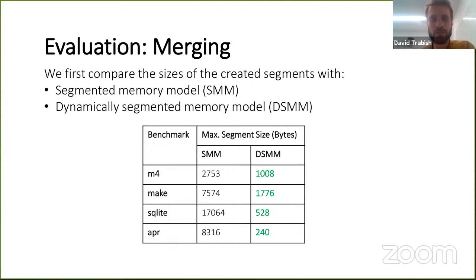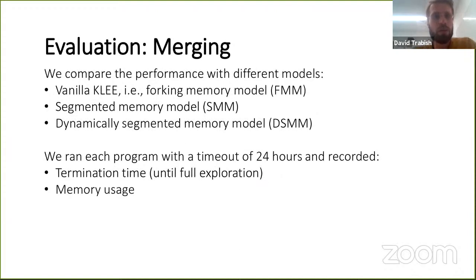Now regarding the actual performance, we compared different models. As before, we used SMM and our approach DSMM, and we also considered the forked model, which is used by baseline KLEE. For each program, we checked the termination time and the memory usage.